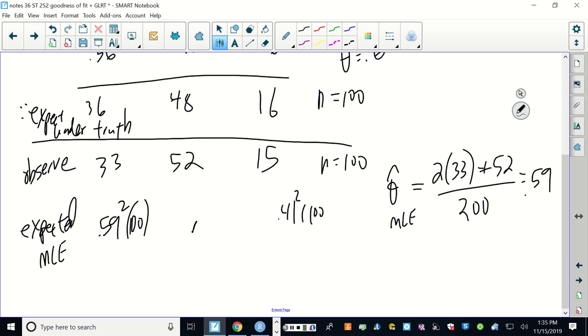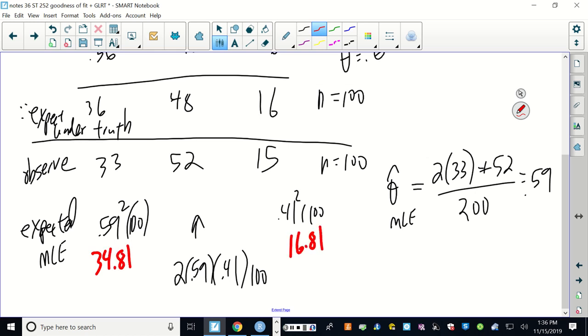And this one in the middle, there's 2 times 0.59 times 0.41. That's the probability, and we have 100 of those individuals. So the expected numbers that we get, I'll write it in red to make it stand out, are 34.81, and 16.81 for this one, and 48.38. There's no particular reason I wrote them up or down, I'm just trying to fit it in.